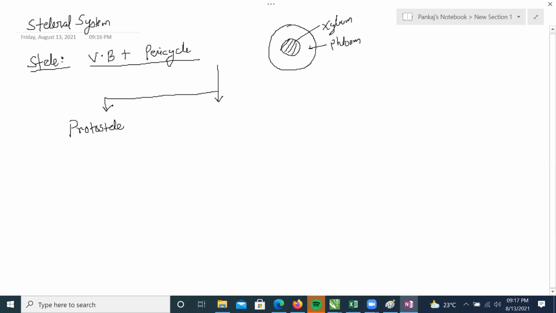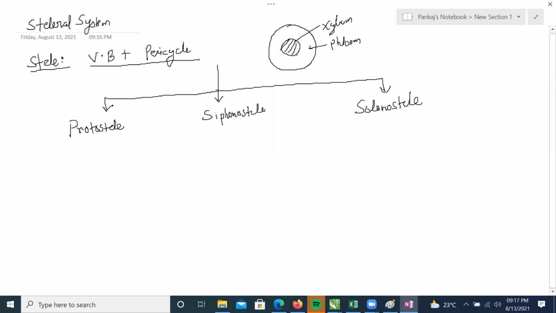The second we call siphonostele. And third we call solenostele. Okay.